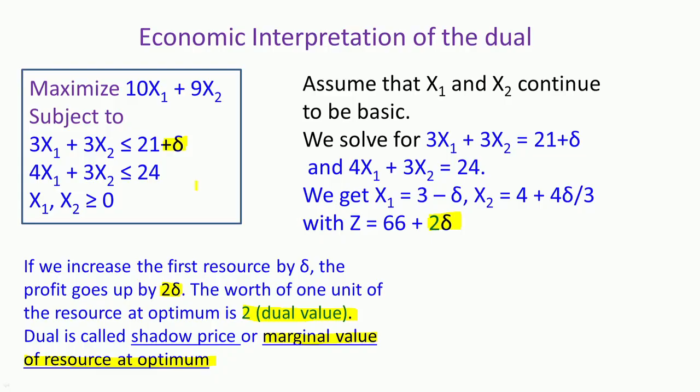Now, let me assume that I have done this little analysis and I have understood that if I increase it by a small quantity delta, the revenue will increase by 2 delta. So, for the sake of illustration, if 21 becomes 22, then 66 would become 68. So, I know that this one extra unit of this resource can increase the revenue by 2.